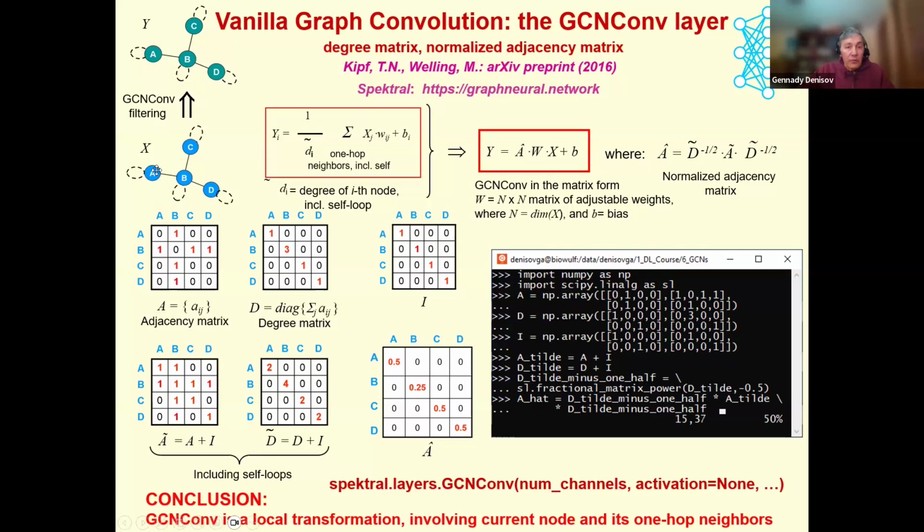I think that's pretty obvious. If you want to compute the updated value of, say, node A, you look at the values of the adjacent nodes and compute it as a weighted sum of features of adjacent nodes. So you regard node A as a one-hop neighbor of itself.